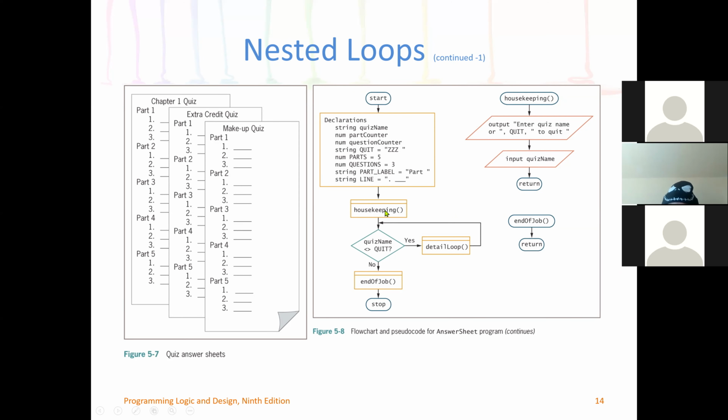We do some housekeeping. Our main goal is here. So here we have a quiz name not quit. If it's not quit, then we execute the detail loop function. If quiz name is not quit, and if we enter quit, that means it's false, so we come out of the loop.